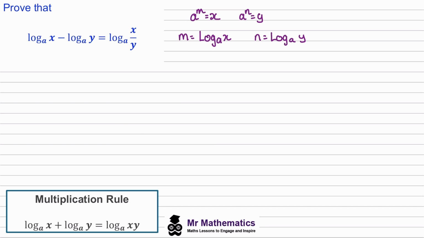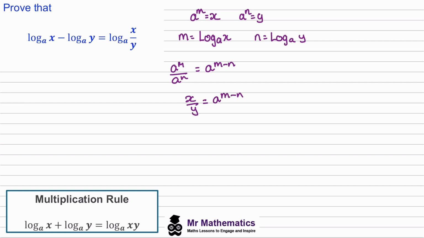So I've written the multiplication rule here, just in case we need it. We've already defined what x and y are, and we've written it in log form. So now if we divide a to the m by a to the n, then we'll subtract these powers and we'll get a to the m minus n. And we know a to the m we've called x, and a to the n we've called y.